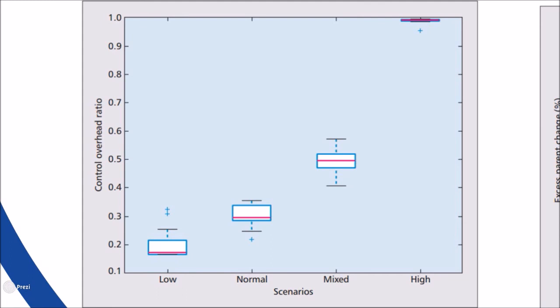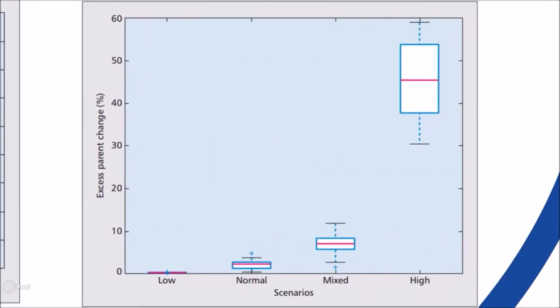Now the last result we have is the excess parent change, and with that we mean the specific count of control messages, of control overhead, that is absolutely useless, because when you change your route, most of the time you do it because there is a better route available to go.